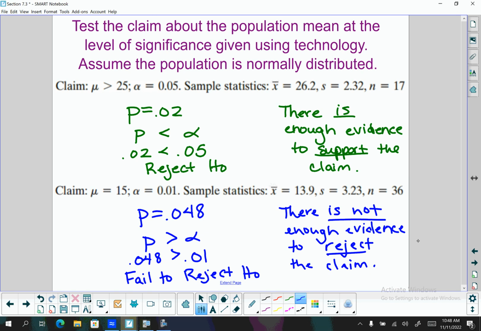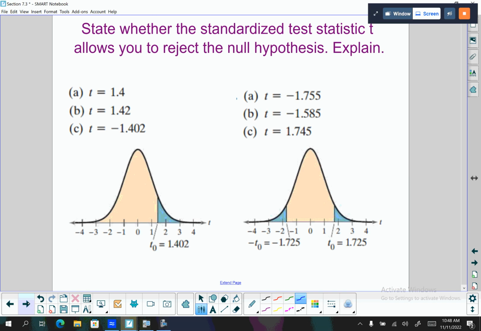On Monday, we're going to do rejection regions and the full-blown hypothesis test like we did with the z-scores. So this is just extra little practice with, based on the t-value that we have, if it's in the rejection region, we reject. If it's not in the rejection region, we don't. So for that first one, I have a right tail test. My critical value is 1.402. If I calculate a t-value of 1.4, would I reject or not?